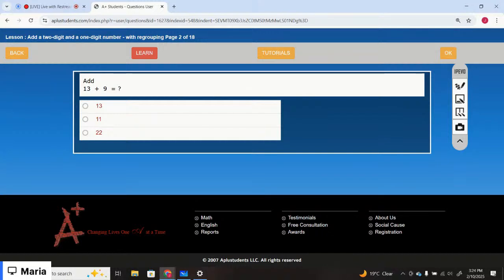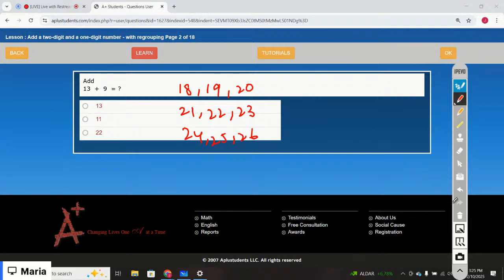13 plus 9. Start with 13 and count up 9. So 13 plus 9 makes 13, 14, 15, 16, 17, 18, 19, 20, 21, 22.